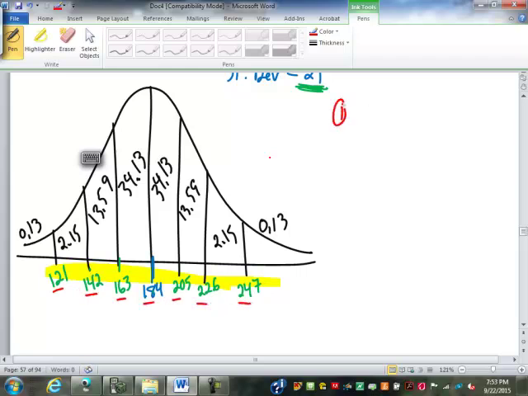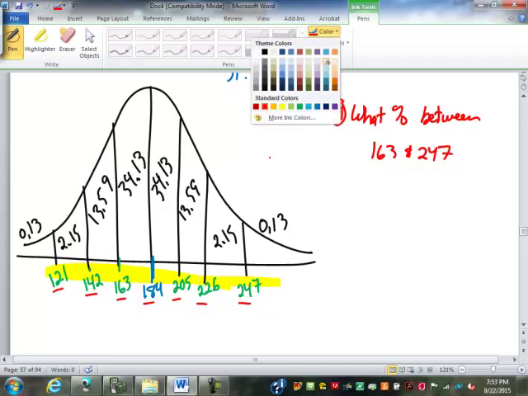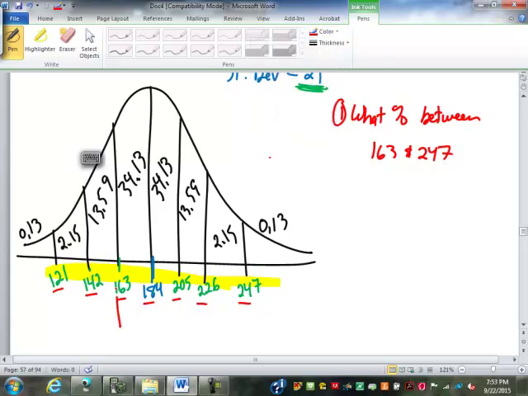For example, what percent is between 163 and 247? So here's 163, here's 247.